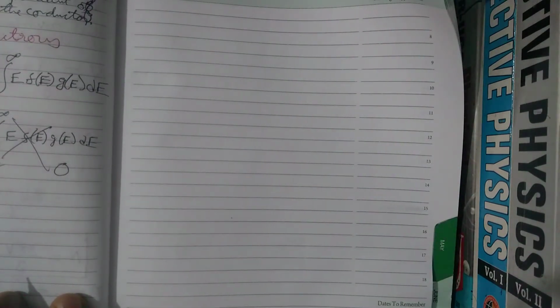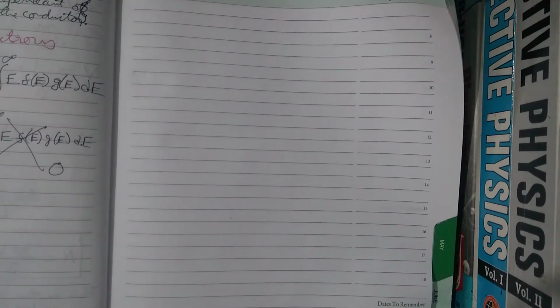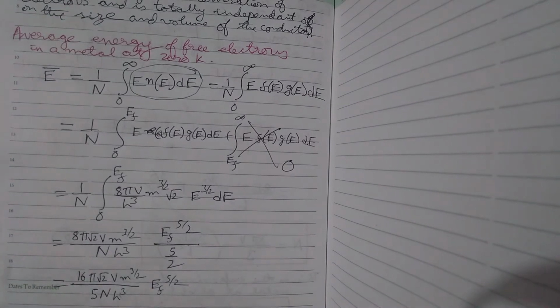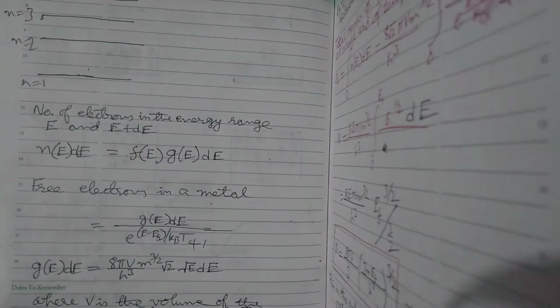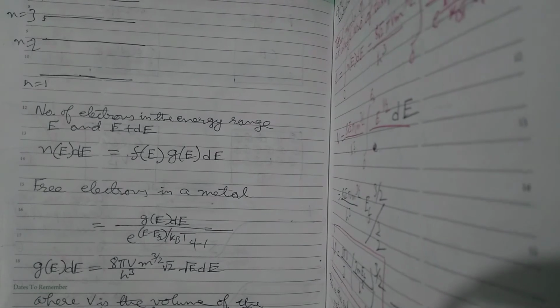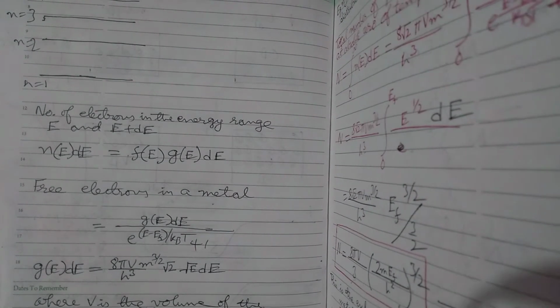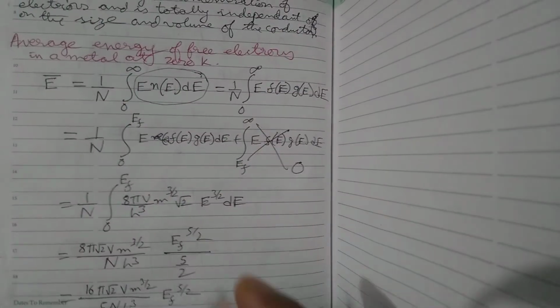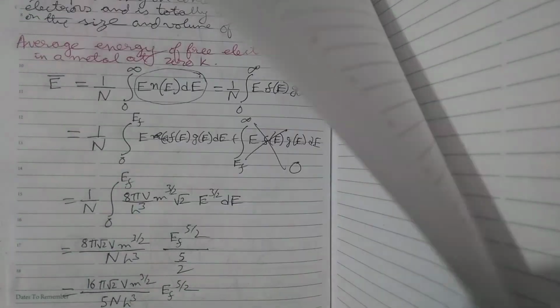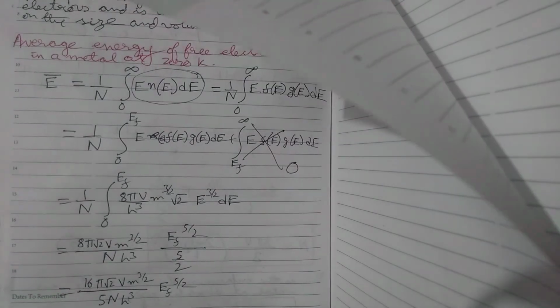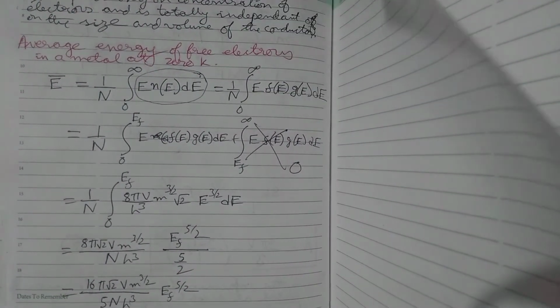So you have to write it in terms of N. How will you write? Here you have got EF to the power 3 by 2 and EF. So you write one EF here. EF you keep constant.